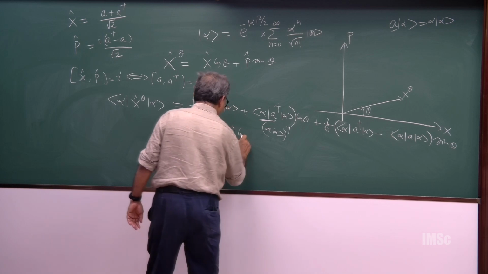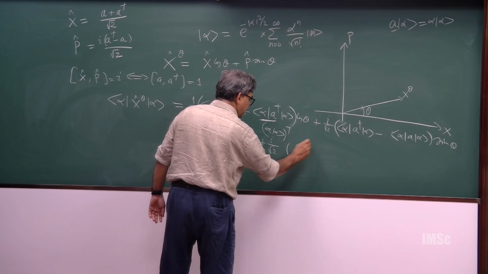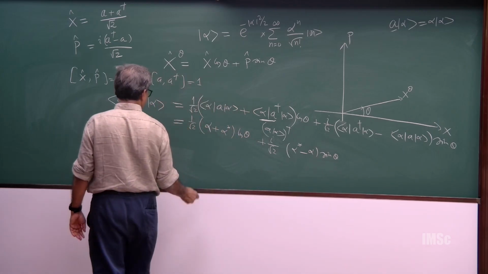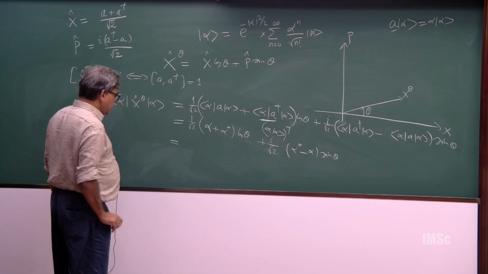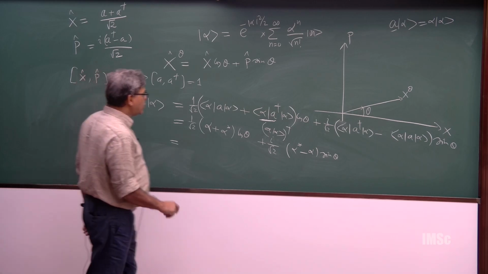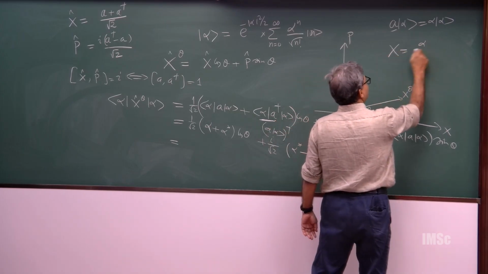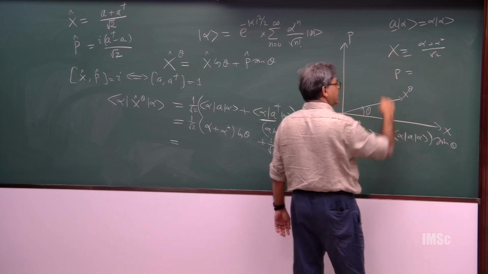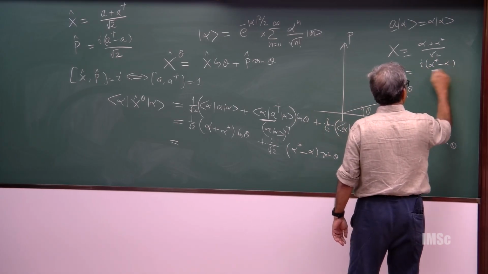So, this is cosine theta plus I by root 2, alpha star minus alpha, sine theta. Now you can call this classical quadrature x as alpha plus alpha star by root 2, and p, these are not operators, just numbers, as iota alpha star minus alpha by root 2.